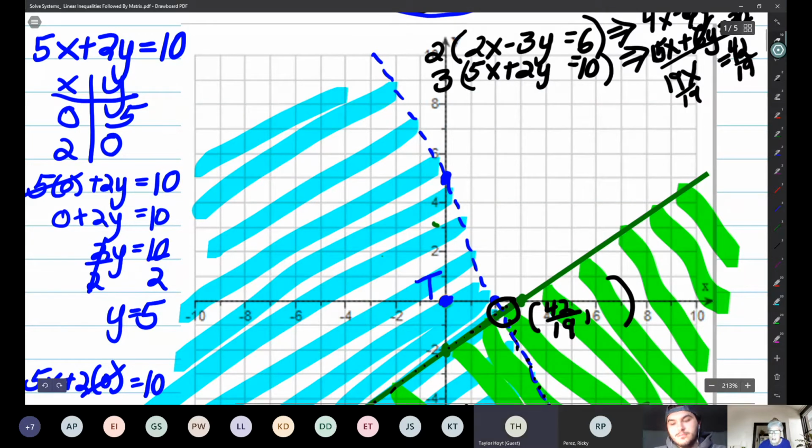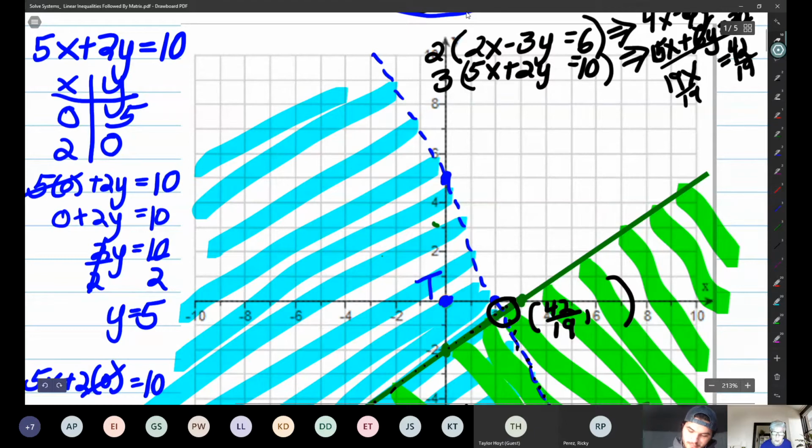Now, I am going to do elimination again. This time, I'm going to have to eliminate the x's because I eliminated the y's before. I'm going to eliminate the x's and that way I can solve for y.